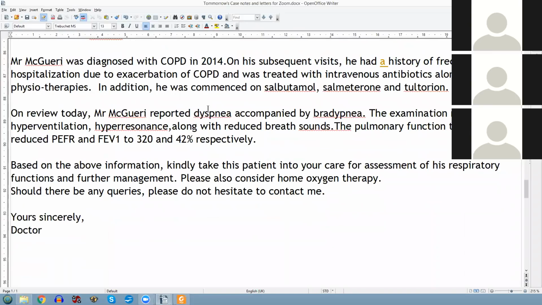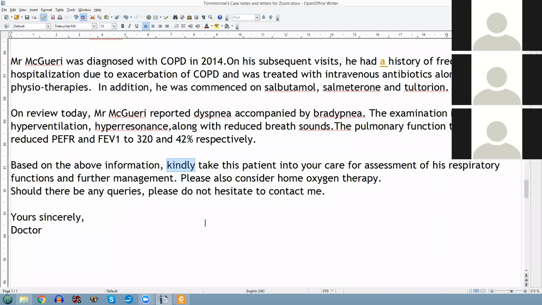Okay. "On review, examination revealed reduced breath sounds, respectively." Now, that's a good phrase: "based on the above information." "Kindly", you don't have to say kindly. They will do it anyway, you know? That's their job. You don't have to say kindly do this, kindly do that. Just ask them.